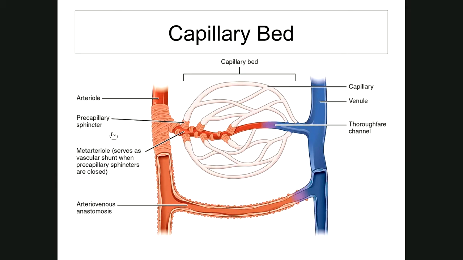So they're circular, and when they contract, they close off the opening, because the opening is reduced or closed. It says controls blood flow to capillaries. Precapillary means before the capillary. So it's a sphincter before the capillary bed, and there's the capillary bed right in the middle. So it can control blood flow from the arterial side to the venous side of the capillary bed.